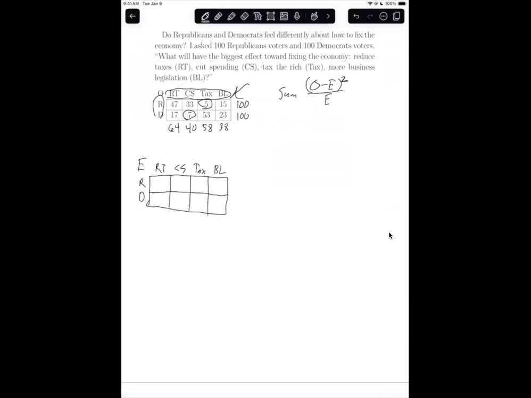Now, why did those equal 100? Because that's the sample size, and the sample size in each of the two samples is the same in this case. The sample size does not have to be the same, but it is in this example.